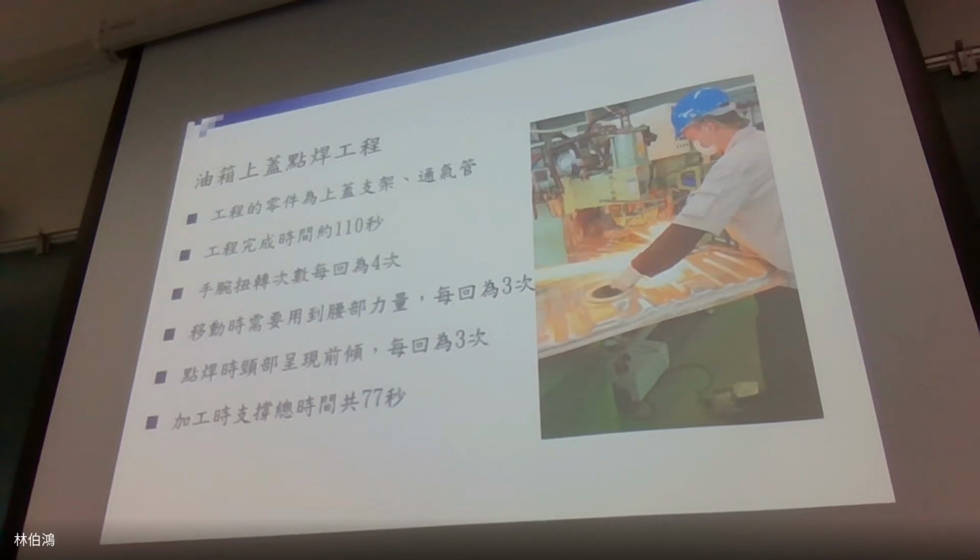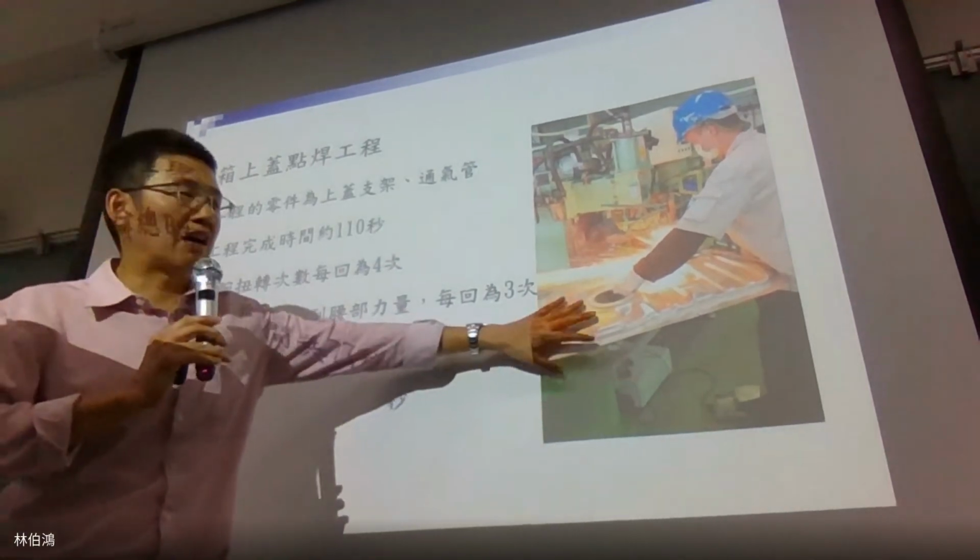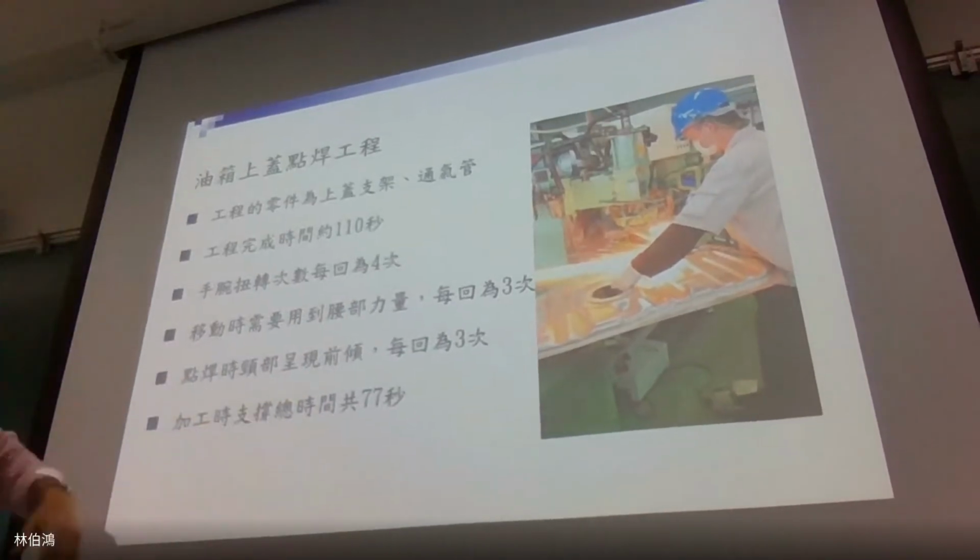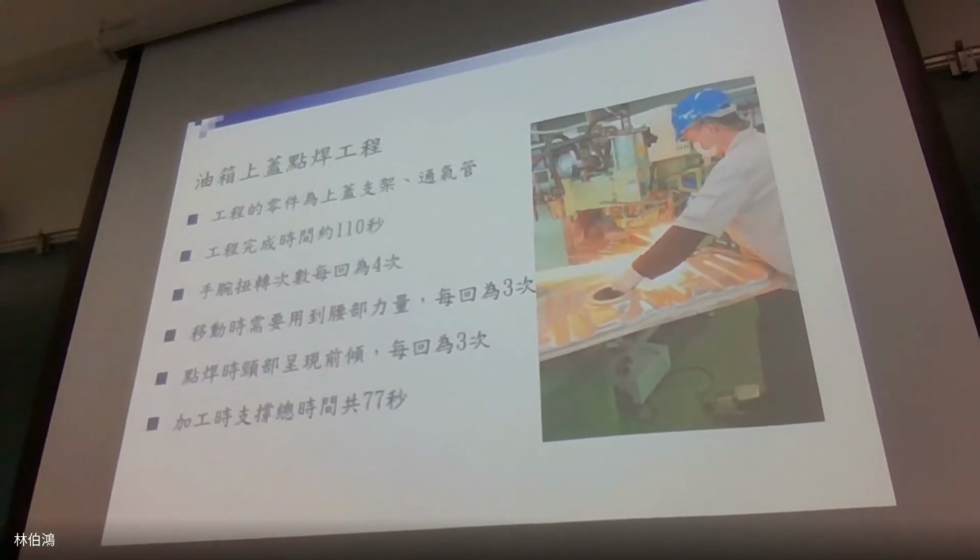When you make the operation, you also need forward bending, 3 times each. And your holding time, because you need to hold the upper cover for a long time, is about 77 seconds.